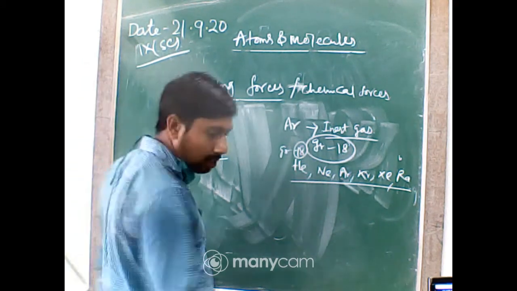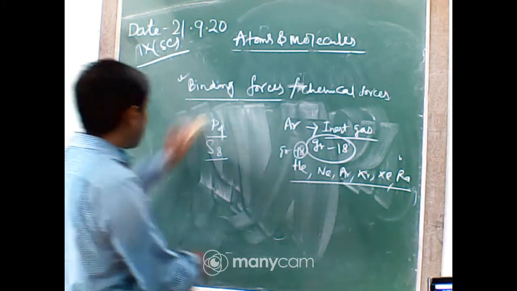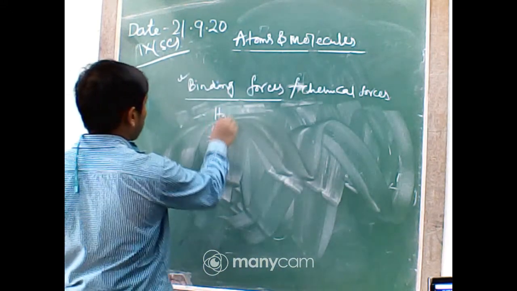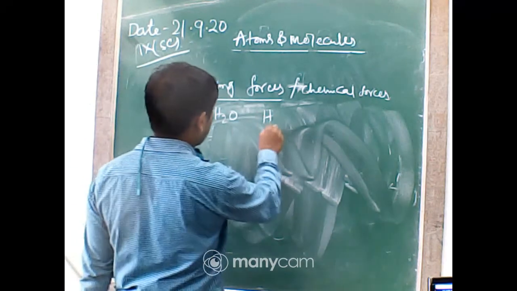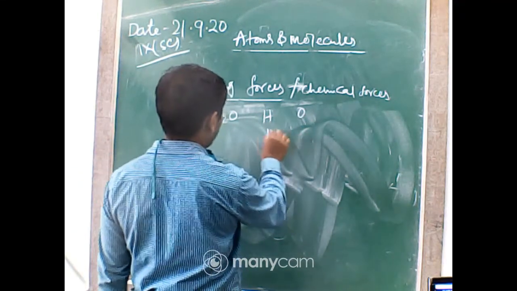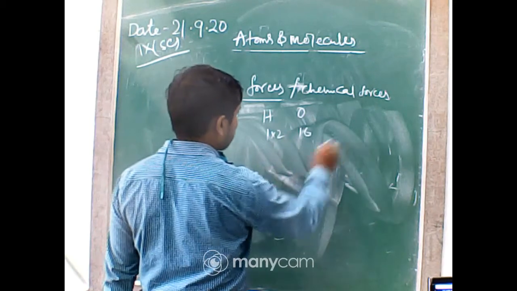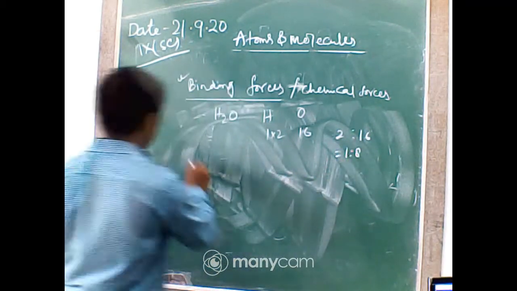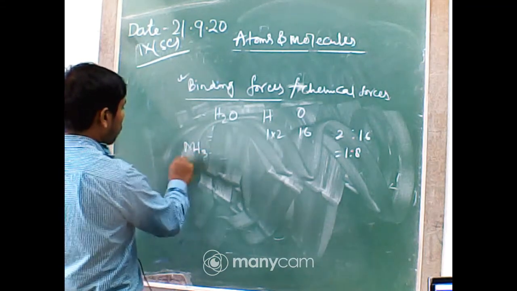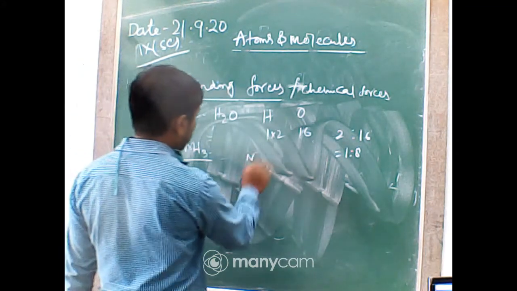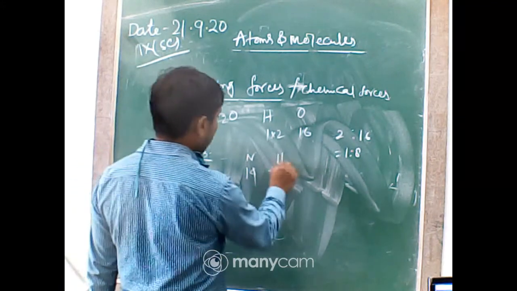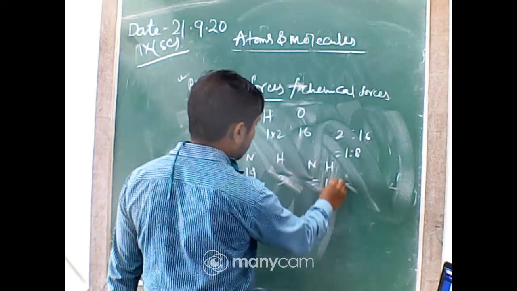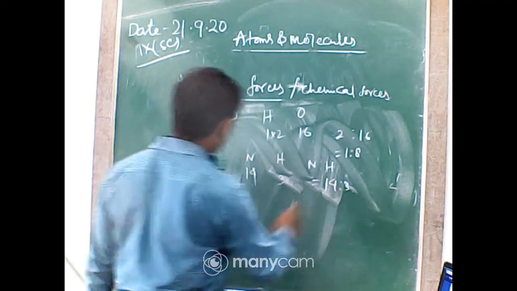How is 14:3 obtained? H2O: mass of hydrogen is 1 into 2, mass of oxygen is 16, so 2:16, simplifying it 1:8. NH3 is the formula of ammonia, nitrogen having atomic mass 14, hydrogen 3, so N:H is 14:3. So these are the mass ratios.